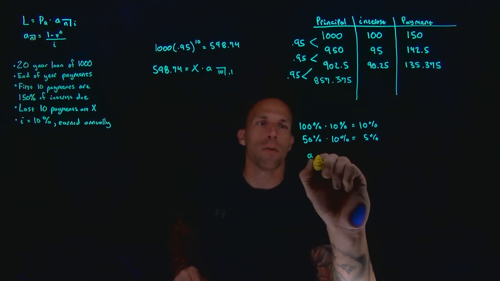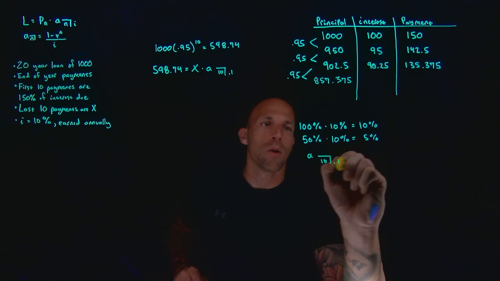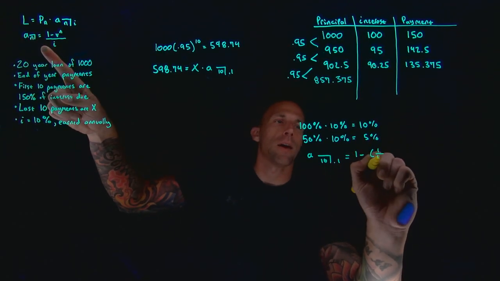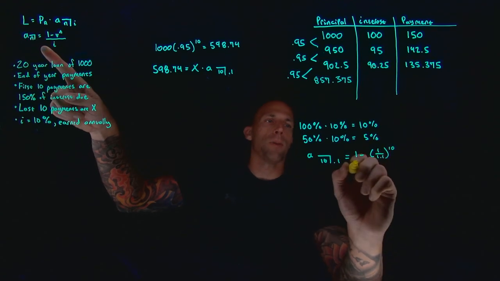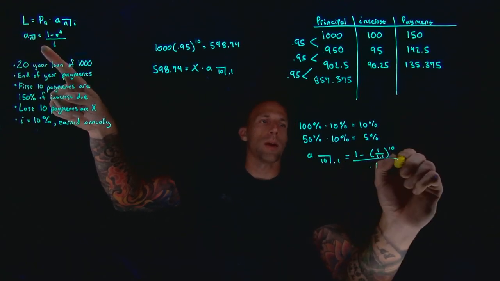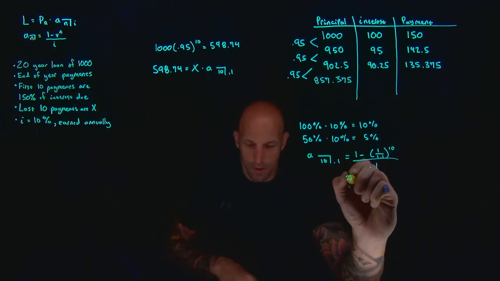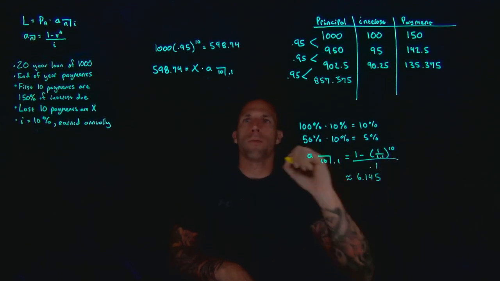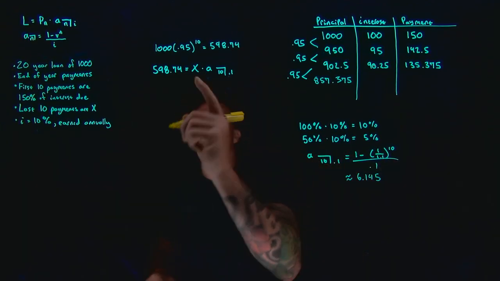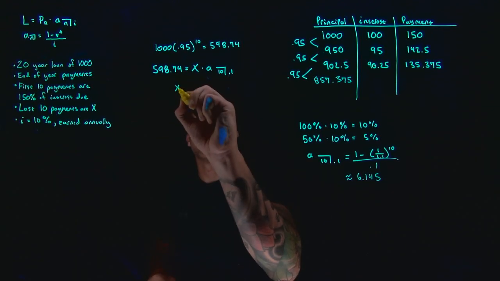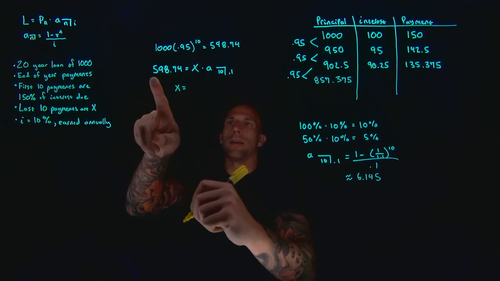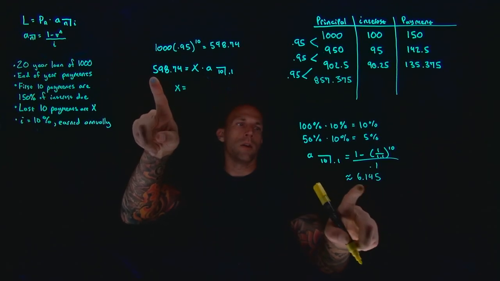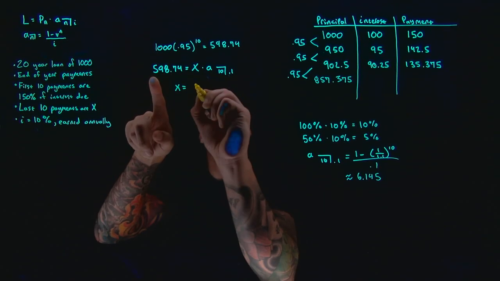And let's work that value out here with our annuity formula. 1 minus the present value factor raised to the 10th power over the interest rate is just about 6.145. So then to solve for X, all we need to do is divide this 598 figure by the value of our annuity, 6.145.